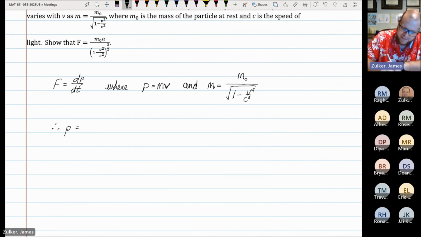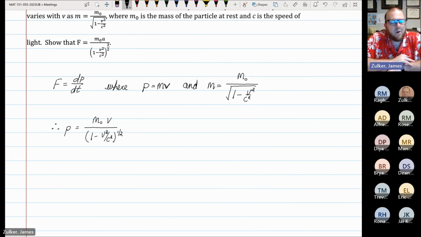So momentum p is actually m naught times v over the quantity 1 minus v squared over c squared raised to the 1/2 power.